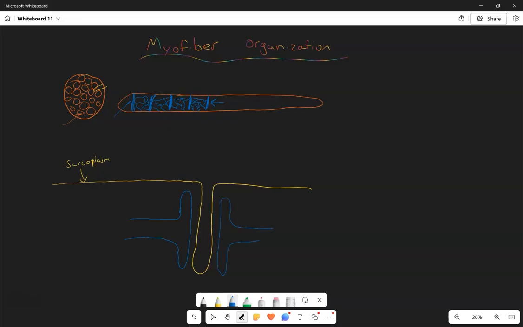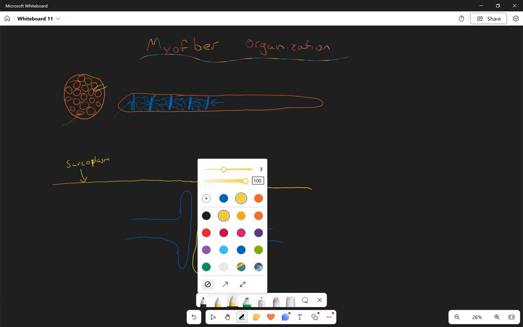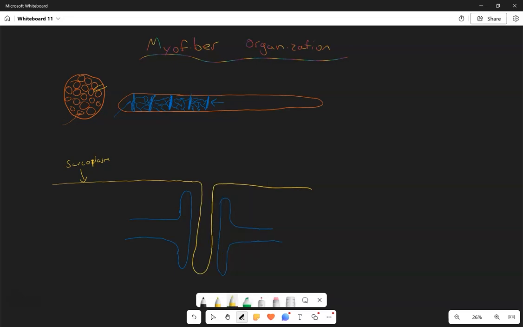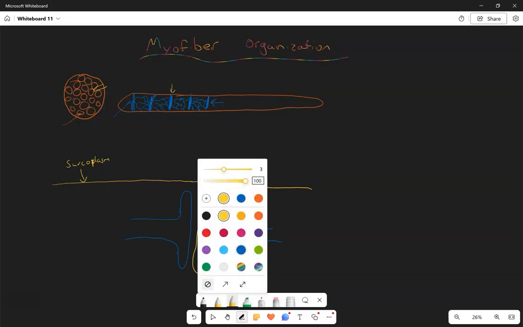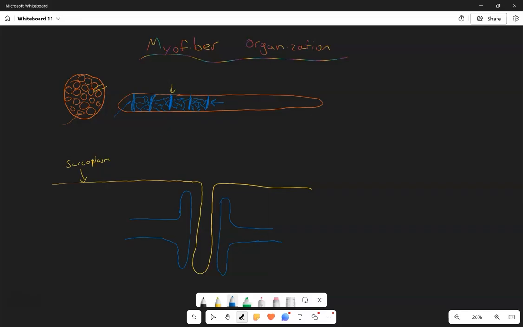If we were to look at this invagination of the sarcoplasm, it would occur right along there, so that it's situated in between adjacent terminal cisternae of the sarcoplasmic reticulum. So this right here, that enlargement, is known as a terminal cistern.